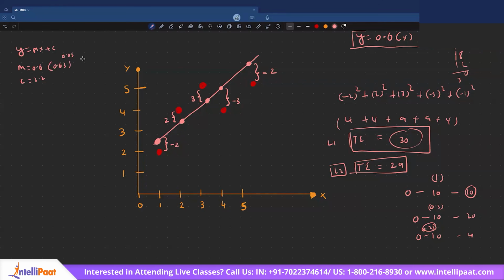Or you can also do 0.1. Does it not depend on the user how much you want to rotate? Does that make sense? And because it is a computer program, we can make it do millions of rotations. That line could be rotated in the positive direction and in the negative direction.